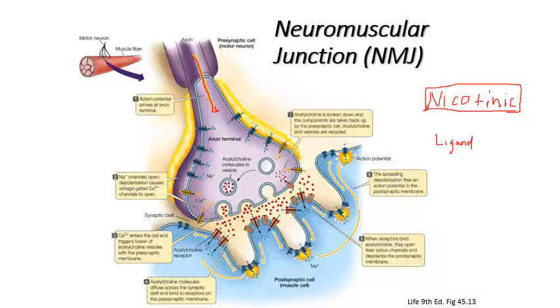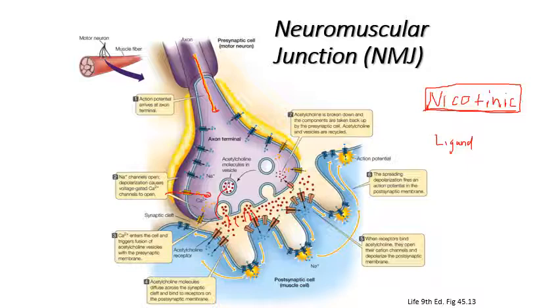That action potential cues those calcium channels to open, and that calcium is involved in docking and fusing the membrane for exocytosis of the acetylcholine. The acetylcholine gets released into the synaptic cleft, and now the acetylcholine binds to the nicotinic receptor. It is a cholinergic receptor because it binds to acetylcholine. Nicotinic means that it is a ligand or chemically gated ion channel.